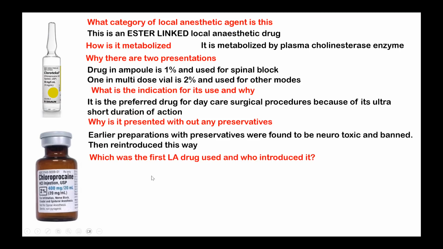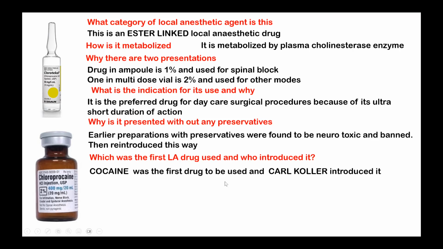Which is the first early drug used and who introduced it in clinical practice? The drug which is extracted from a leaf, which when chewed produces numbness in the oral cavity.